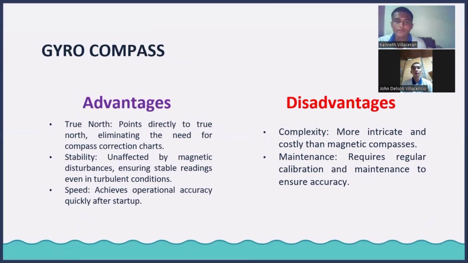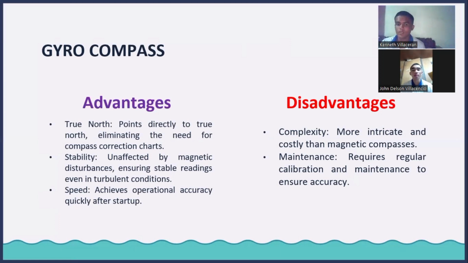Gyro compass advantages and disadvantages. The advantages of the gyro compass are: true north, it points directly to true north, eliminating the need for a compass correction chart. Stability, unaffected by magnetic disturbances, ensuring stable readings even in turbulent conditions. Speed, it achieves operational accuracy quickly after startup.